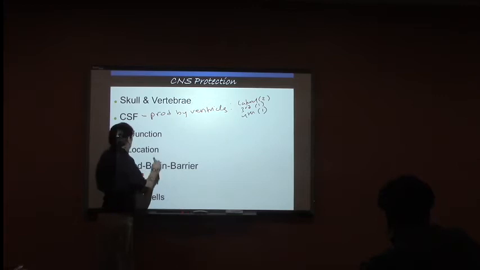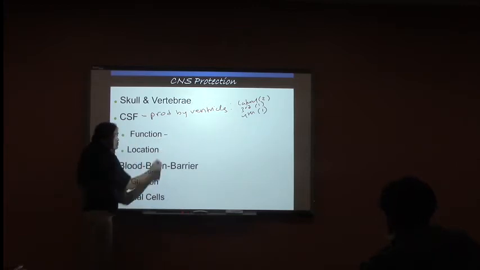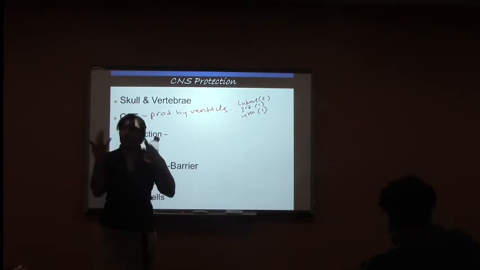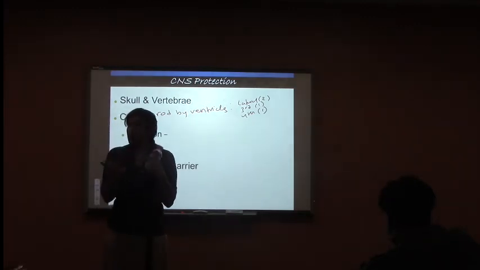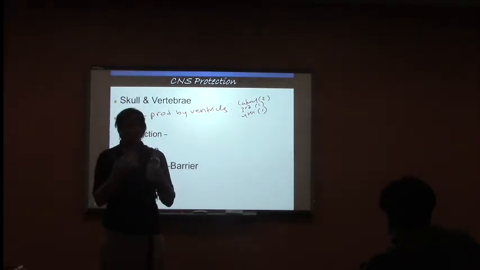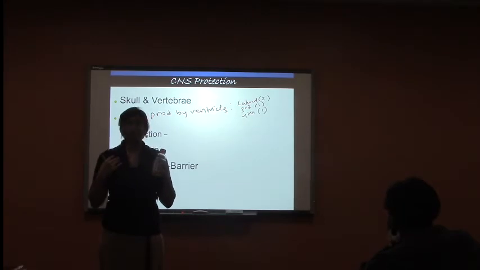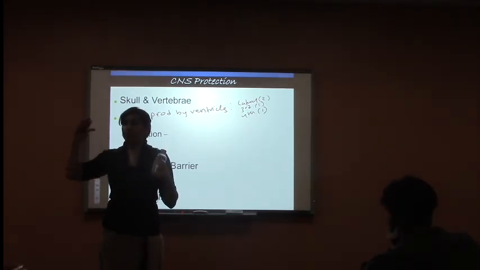Now, what is the function of CSF? It's a fluid. It basically bathes and surrounds the brain. So therefore, it acts like a shock absorber. When you're on a roller coaster and your head is thrown in every single direction, can you imagine if you had no fluid, your brain would be hitting your skull every single second?